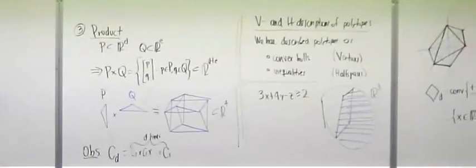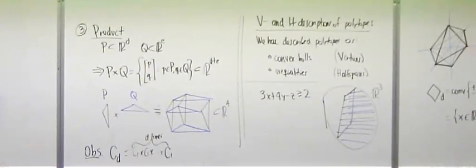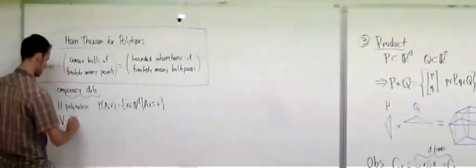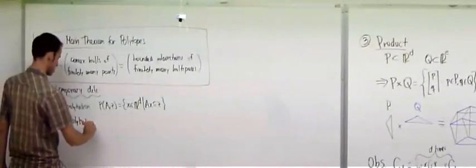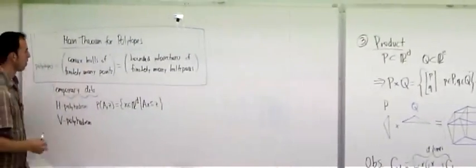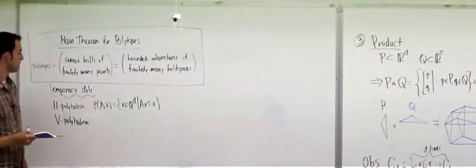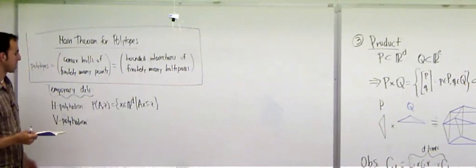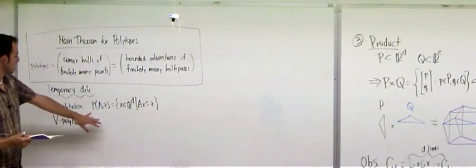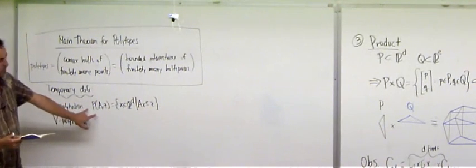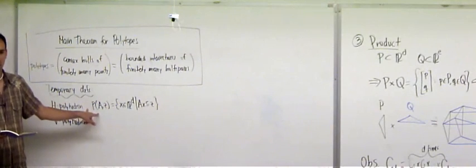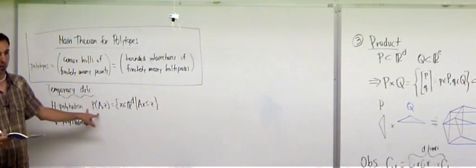So what about a V polyhedron? Well, I would like to say that a V polyhedron is basically a convex hull. But there is an issue with this, which is that if you look at the definition of an H polyhedron, this thing can be infinite. It can be unbounded.